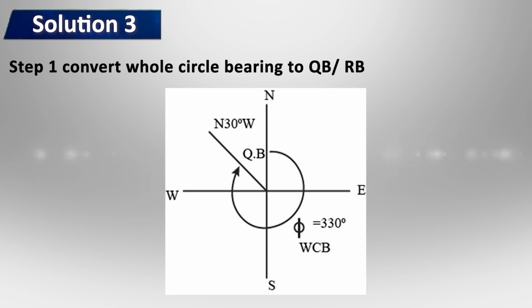Whereas in quadrantal or reduced bearing, the bearings are either measured from north or from south, towards east or west. The values range from 0 to 90 degree and bearings are designated as per the quadrant in which the line lies.